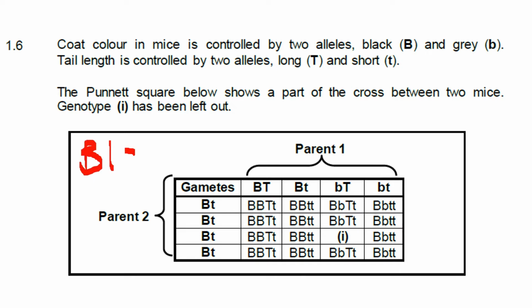That will be the first part. And then they can only give small letter t's, which means they'll have a short tail. Excuse my writing here, I'm doing this with a mouse.